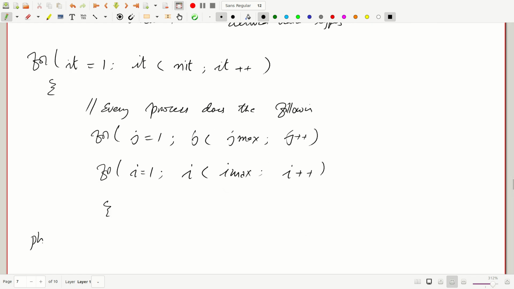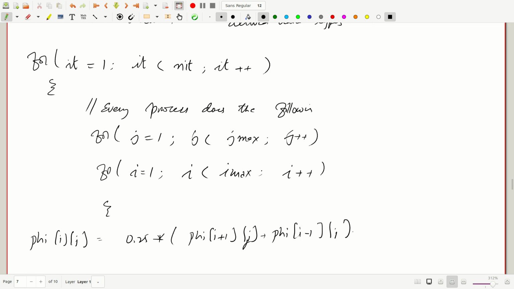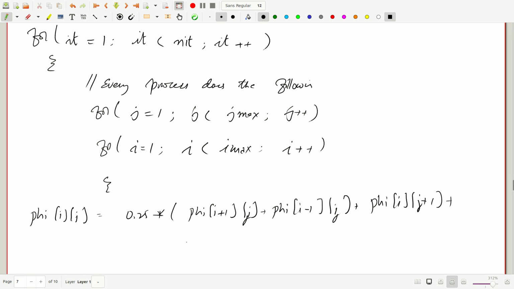Then we have to update phi of ij equals 0.25 times phi of i plus 1 j plus phi of i minus 1 j plus phi of i j plus 1 plus phi of i j minus 1 minus delta square times f of ij. That is what you need to do.